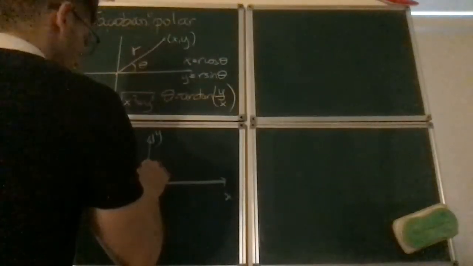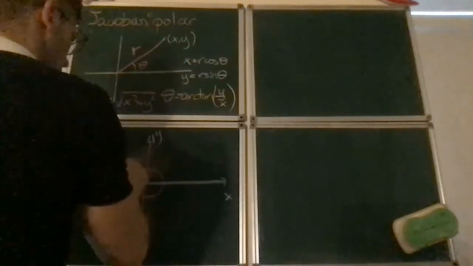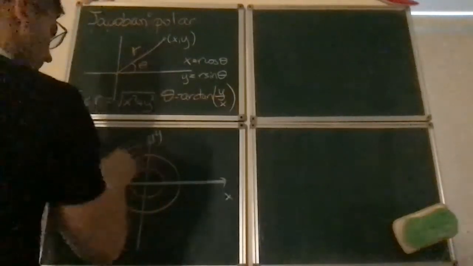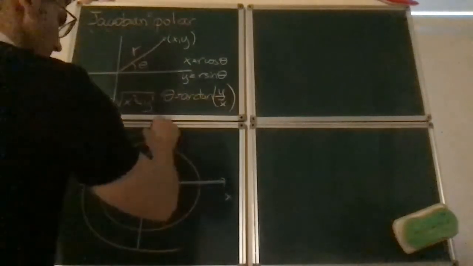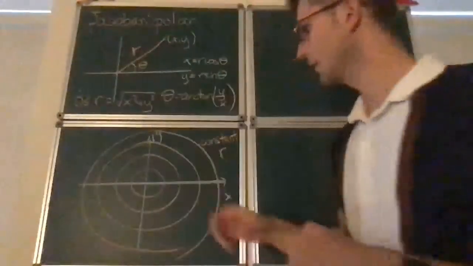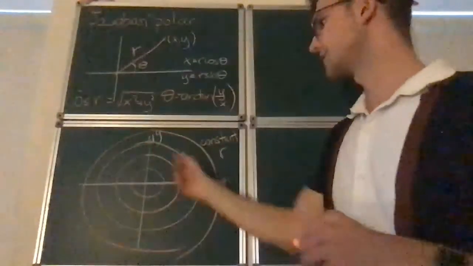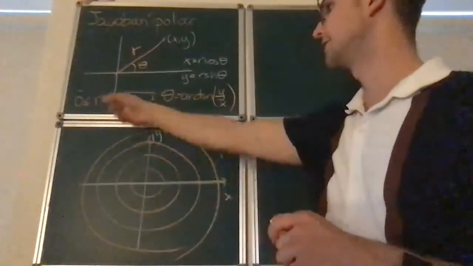So the curves of constant r look like circles centered at the origin. So this is constant r. Any of these curves represents a curve where r is constant.